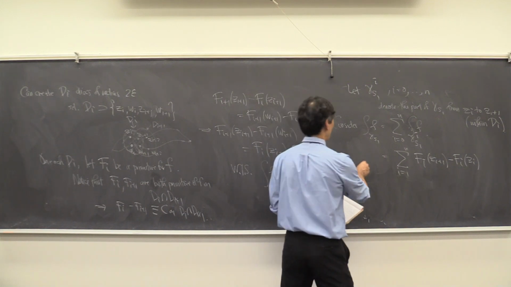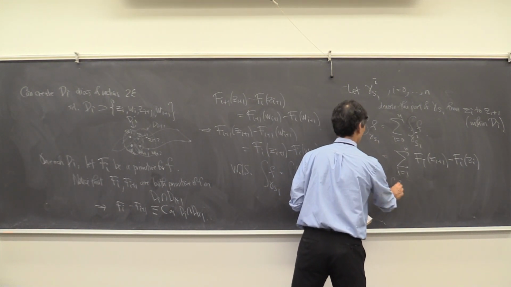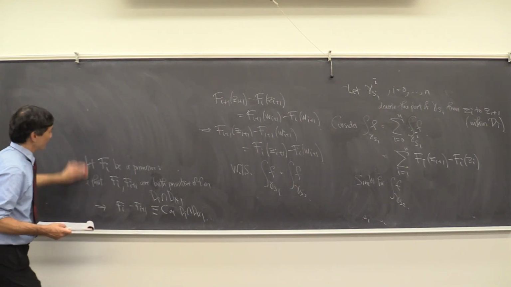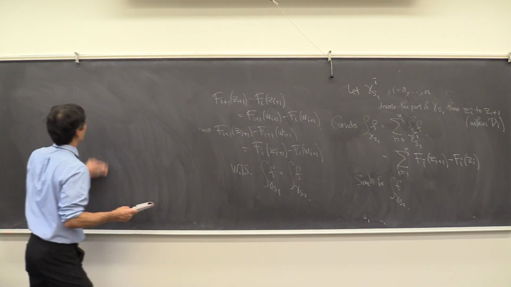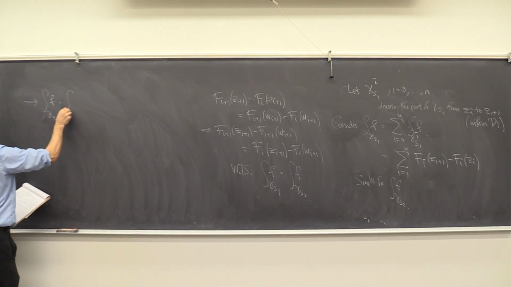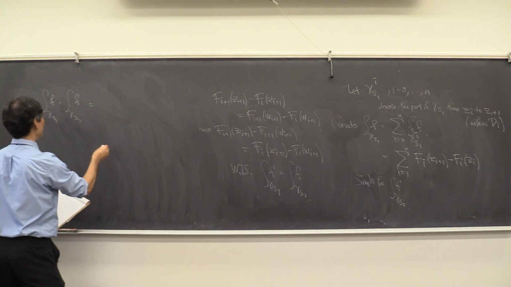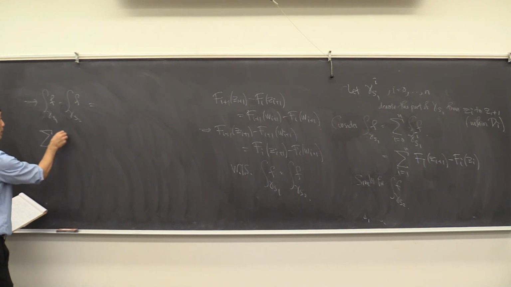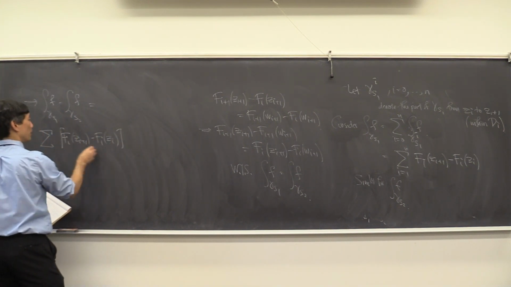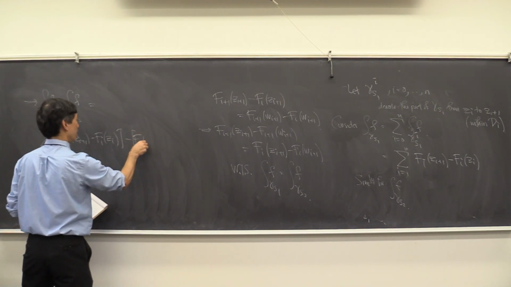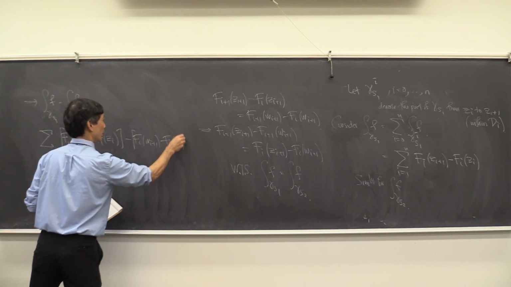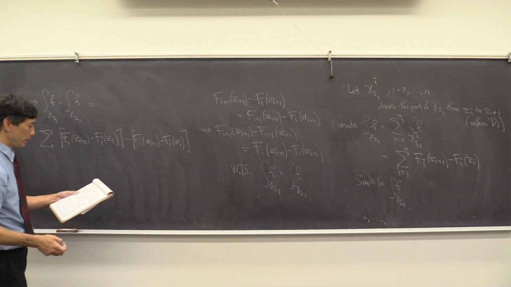And you do the same thing for the other curve. Then if you're looking at the difference, that's going to be the summation of f sub i at z sub i plus 1 minus f sub i at z sub i, minus f sub i at w sub i plus 1 minus f sub i at w sub i.